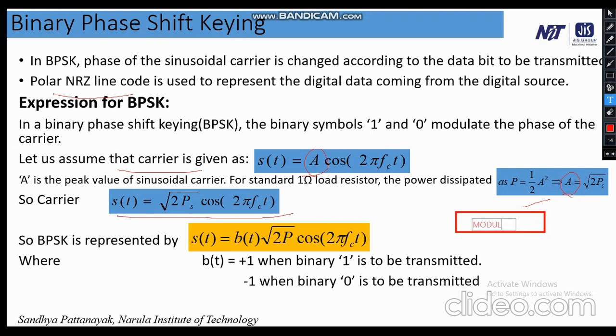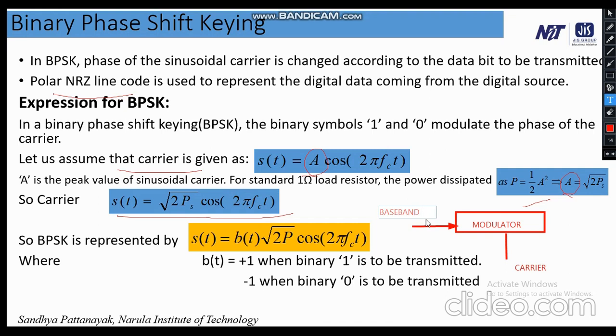You can take a modulator, and to that we have two inputs. One input is your carrier signal, that is carrier equal to c(t), and the other input is your baseband signal. So this is a simple block diagram for generating a BPSK waveform.